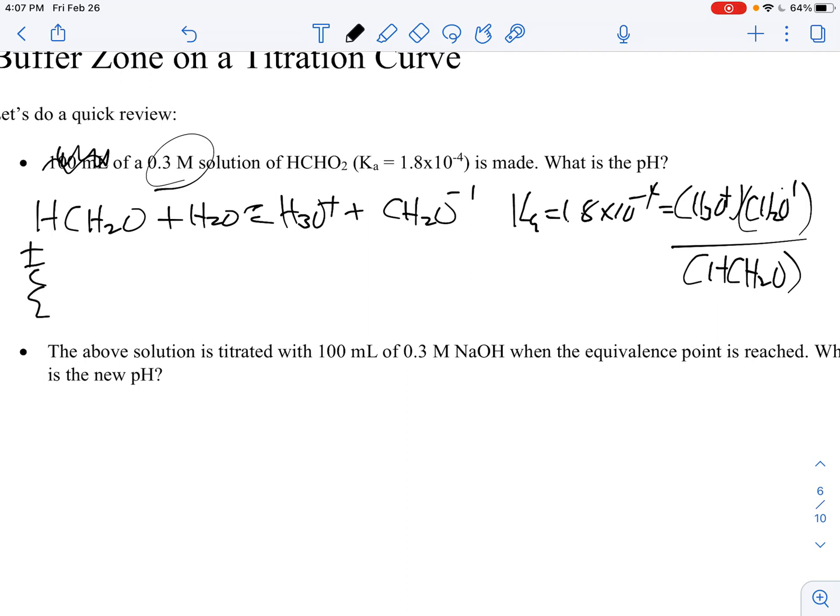I've got an I, a C, and an E. This is 0.3 and 0 and 0, and then minus x, plus x, and plus x, so it's 0.3 minus x, x, and x. And I can ignore this here, but not over here.